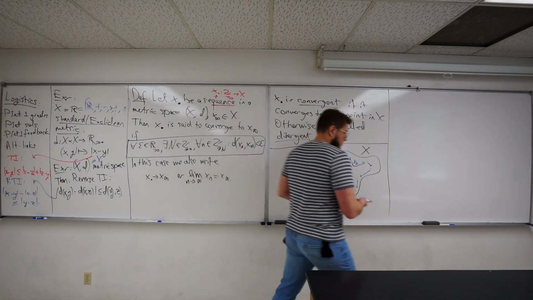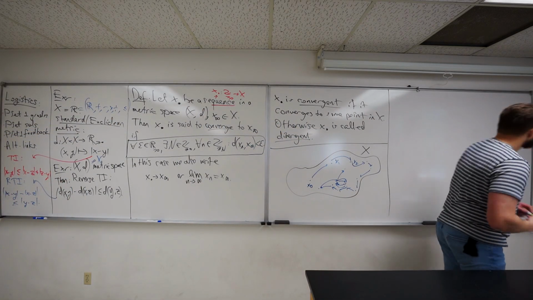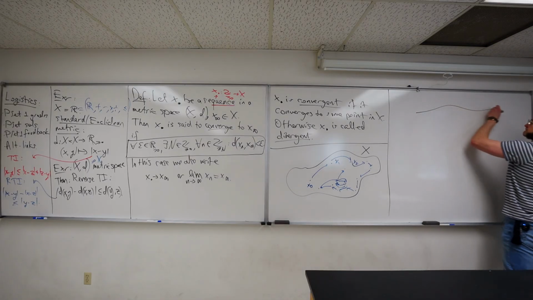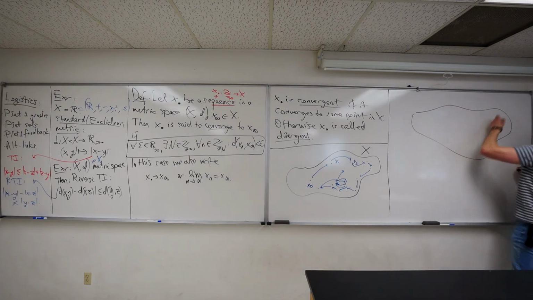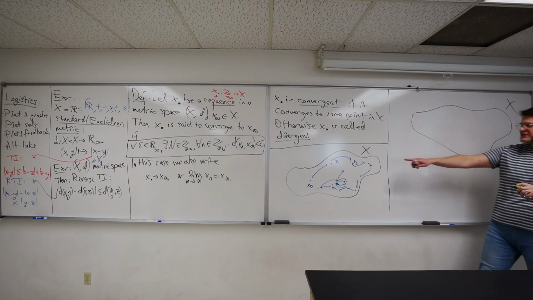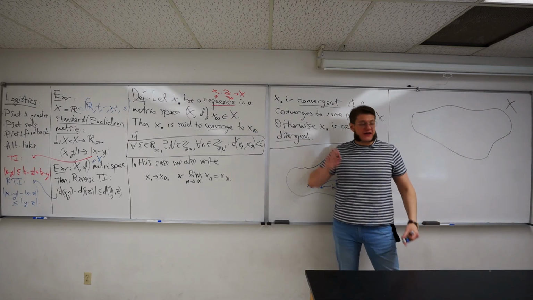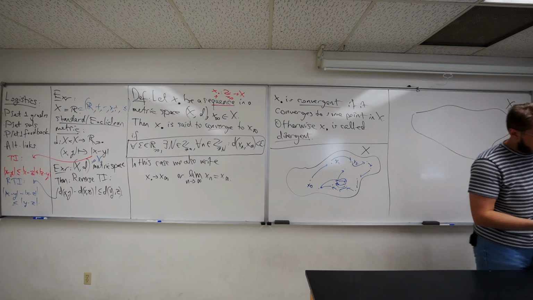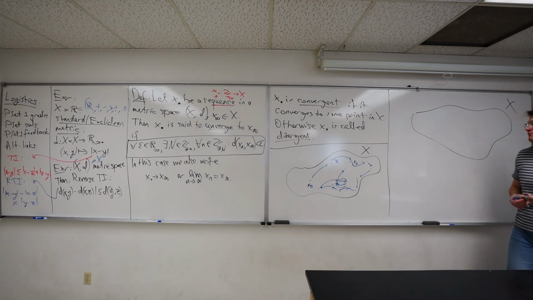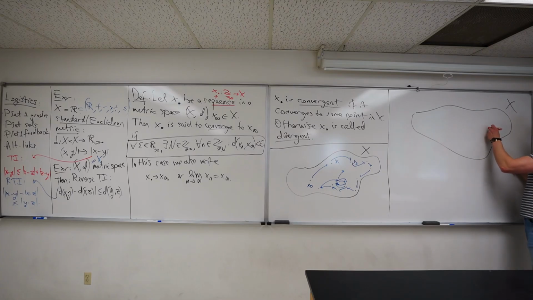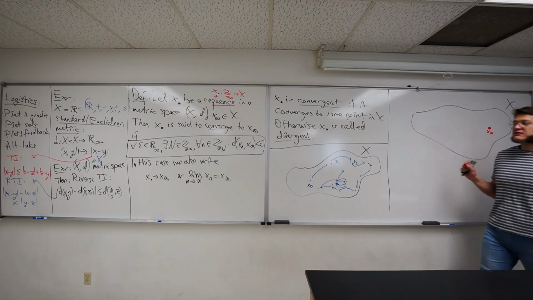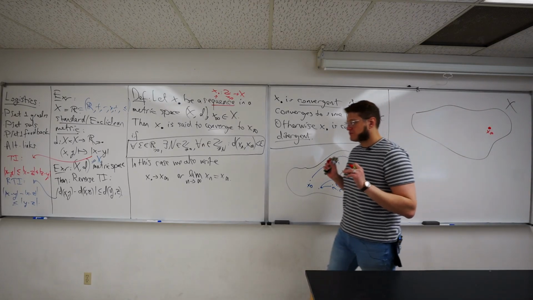I'll draw another picture here. Again, this is my x. I have this x bullet sequence, and now I have this target, in fact. Think of x infinity as your target. Here it is. X infinity doesn't move. It's a stationary point.